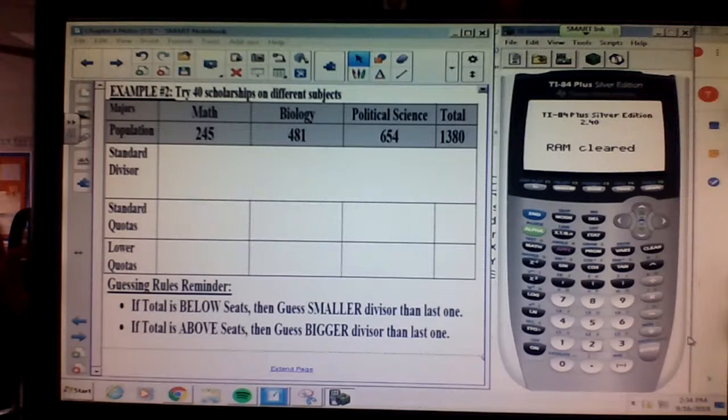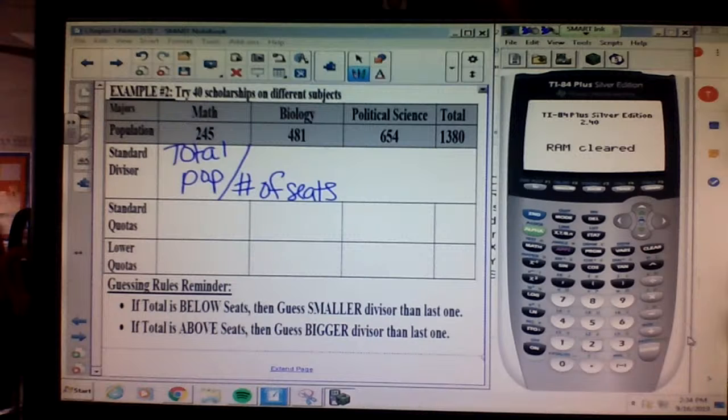All right. So right now, we need to calculate a standard divisor. Again, total population divided by the number of seats. So 1380 divided by what? 40. That's how many scholarships I'm giving out.